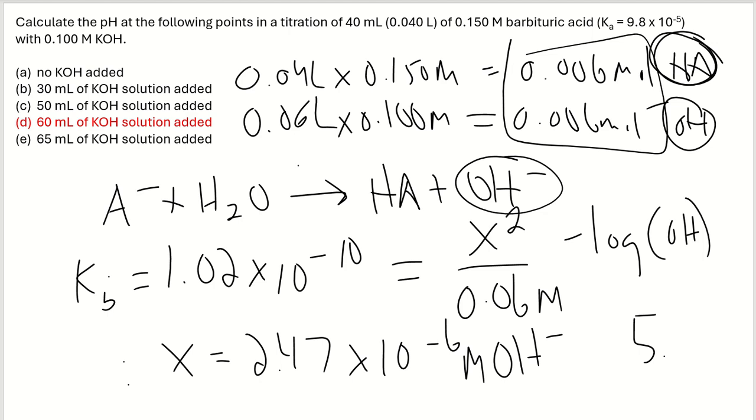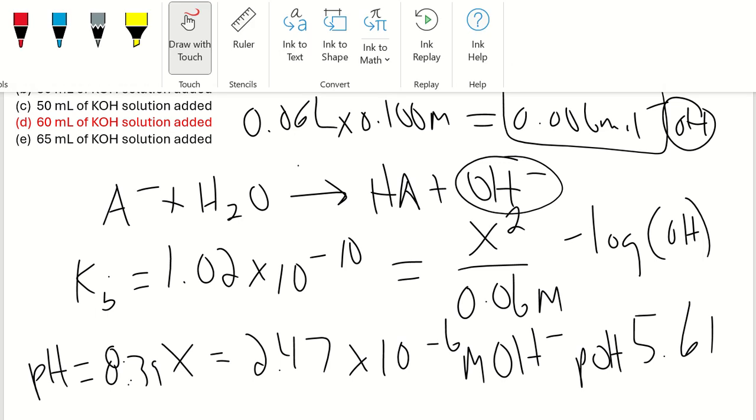But that is the pOH. If I want the pH, I need to subtract 14 minus 5.61. And what I get is 8.39. So the pH is actually 8.39. And actually, let me write that out better so we can see it.